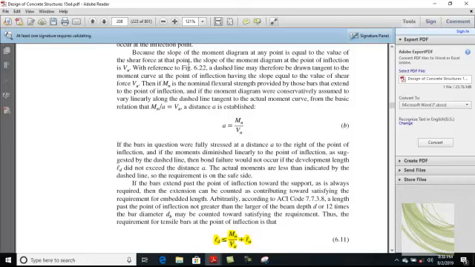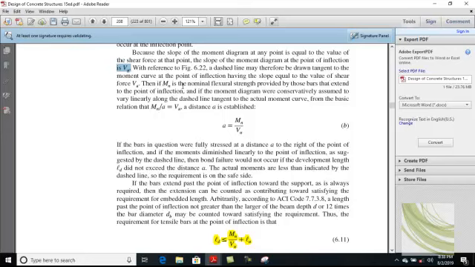Now the slope of the moment diagram at the point of inflection is Vu. Clearly, because at the point of inflection, the change in moment with respect to x equals V. With reference to figure 6.22, a dashed line may therefore be drawn tangent to the moment curve at the point of inflection, having a slope equal to the value of the shear.